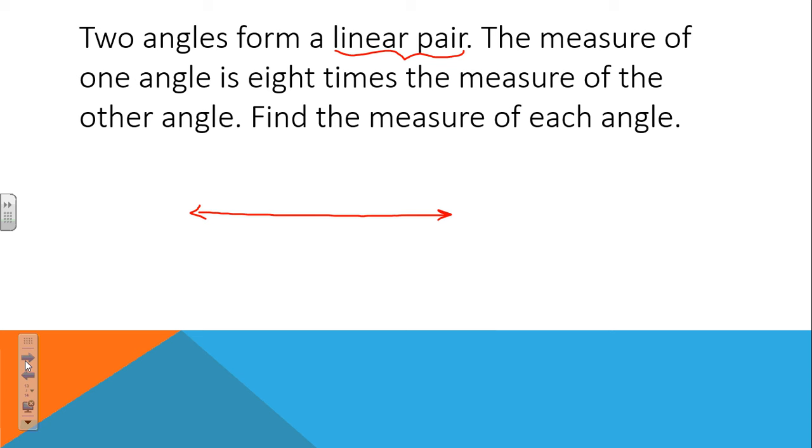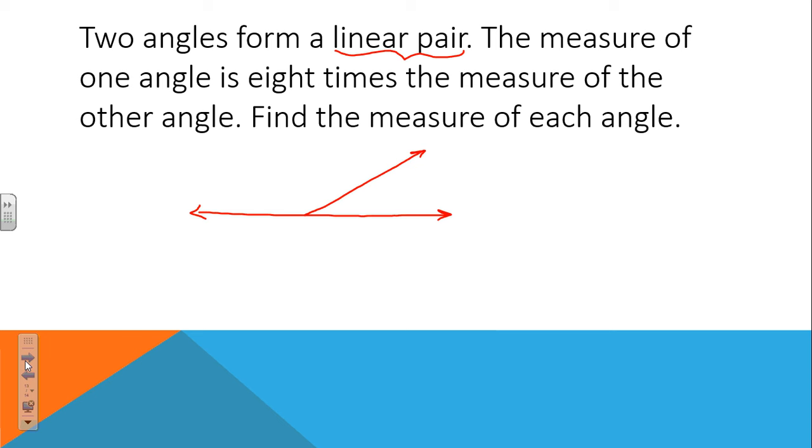Okay? So linear pair, we draw a line first, right? And we draw one other ray coming off, right? Everybody agree that's a linear pair? Okay. So what are we going to do with that then? We have one angle that's 8 times the measure of the other angle.